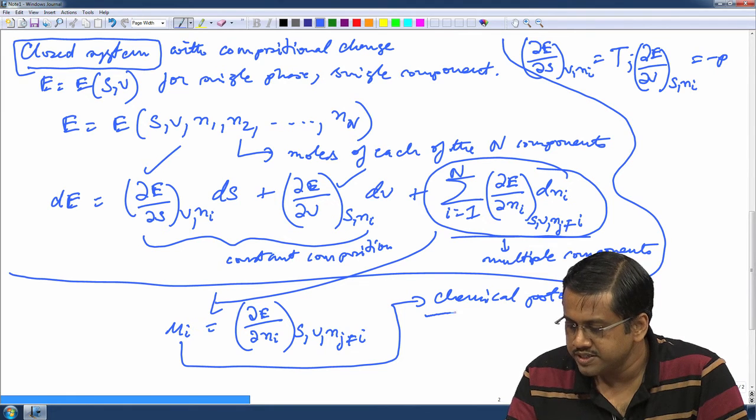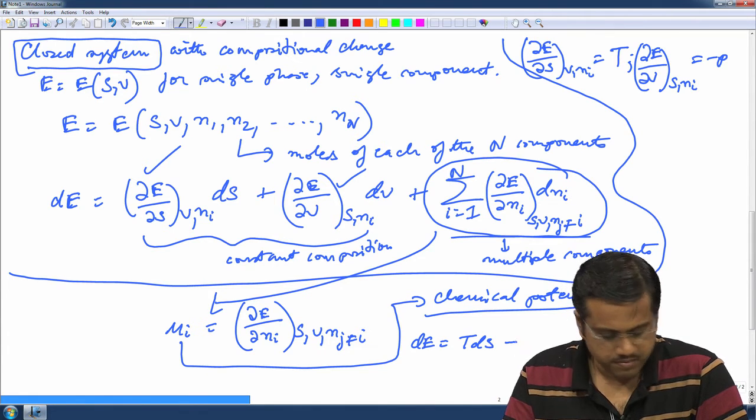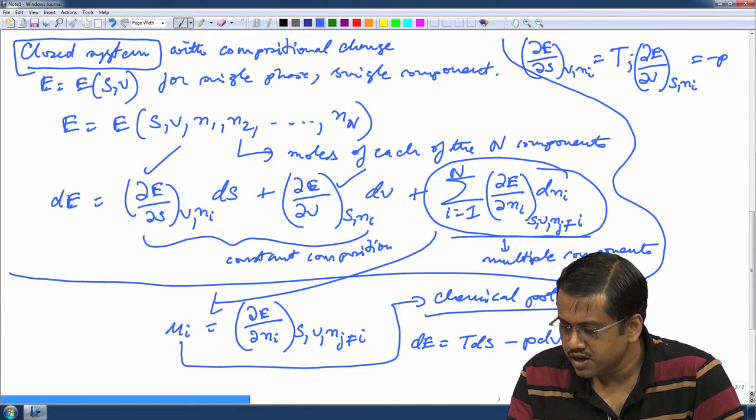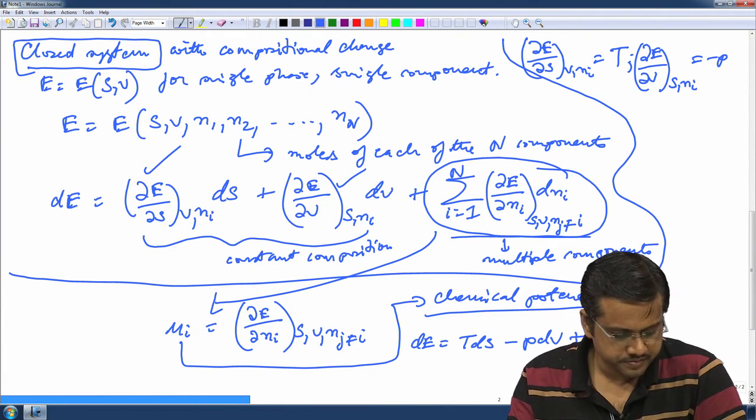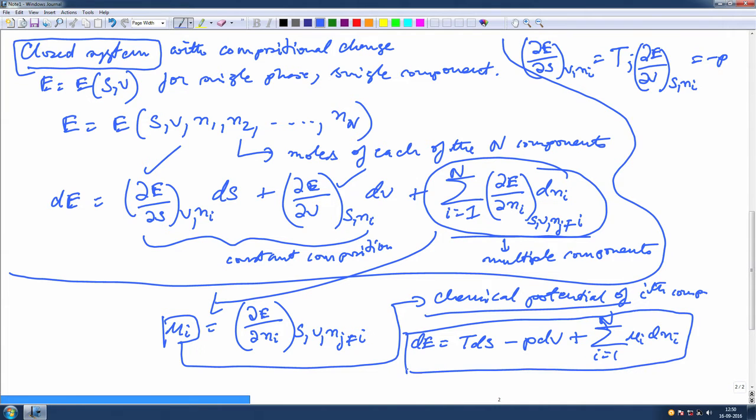So, for a multi-component system in general, your dE is written as TdS minus PdV, right, plus summation i equal to 1 to n of mu i dNi, that is what it is, right. Where mu i is called the chemical potential of the ith component, correct. So, this part should be quite clear. The only other thing that has come into the picture is this term mu i, or the chemical potential.